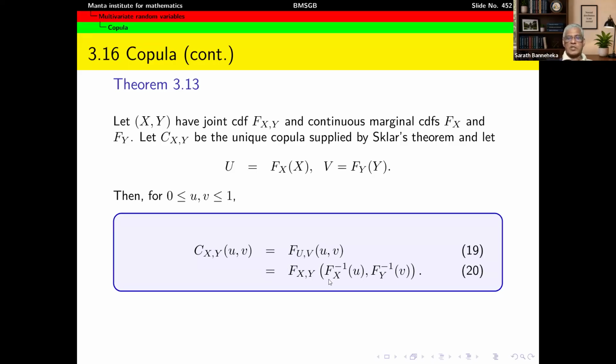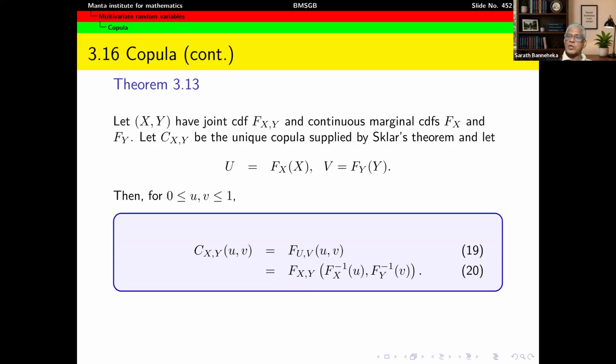And also, with more details, we can show that it has this particular form, that is, we can get that expression in terms of F_XY evaluated at F_X inverse of u and F_Y inverse of v.